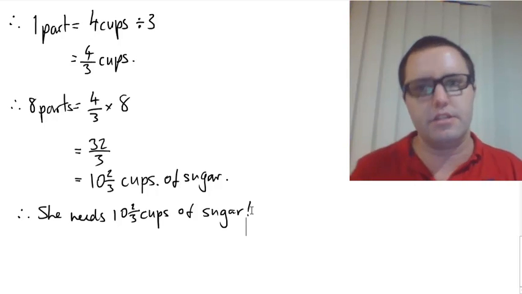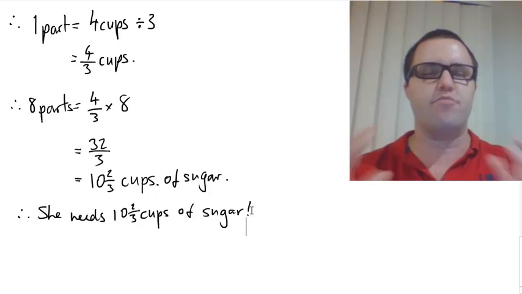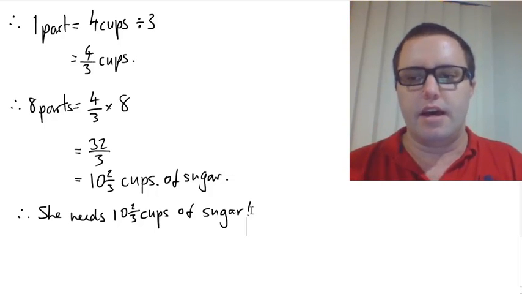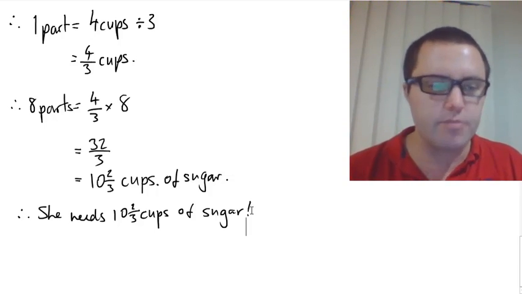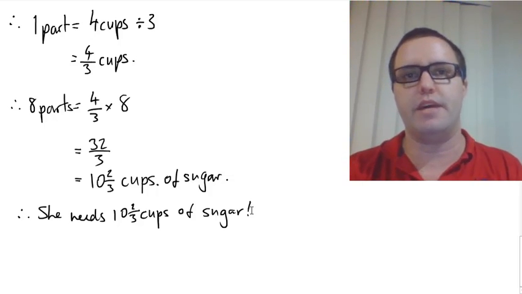Alright, so that's a couple of examples of how ratios work, the kind of problems you'll end up running into. Being able to work with this stuff will help you later on in life, I do promise that, because ratios are something you'll have to work with, and being able to do it quickly will make your life a lot easier.